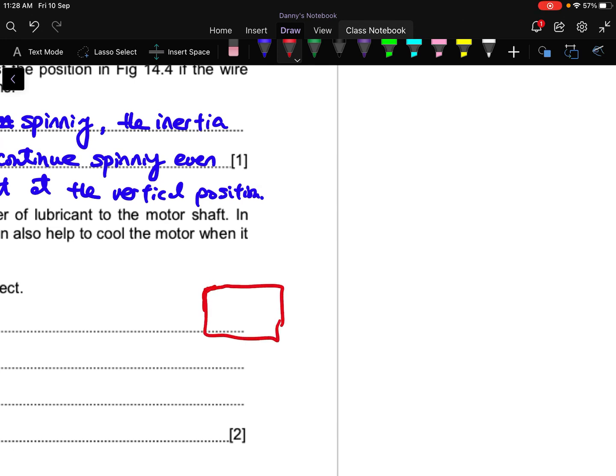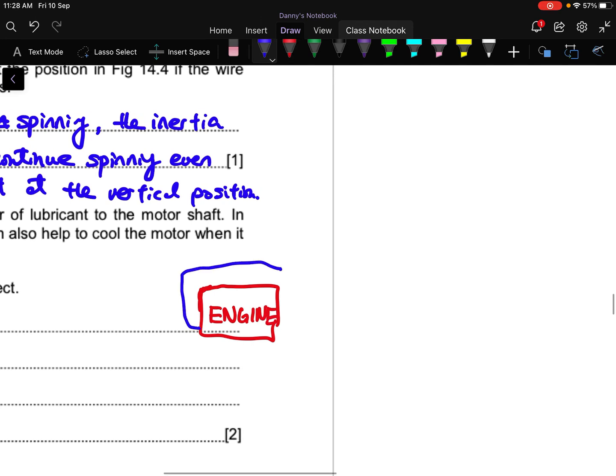Okay, error number two. Error number two is, let's say this is the engine, and I have a layer of lubricant on it. And you say that the lubricant gains heat from the engine.